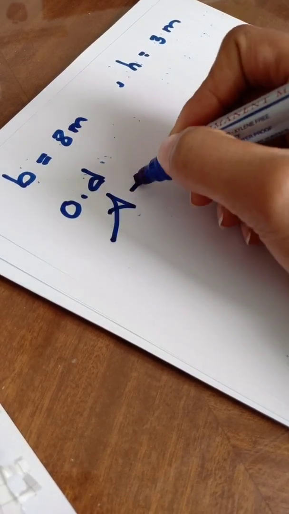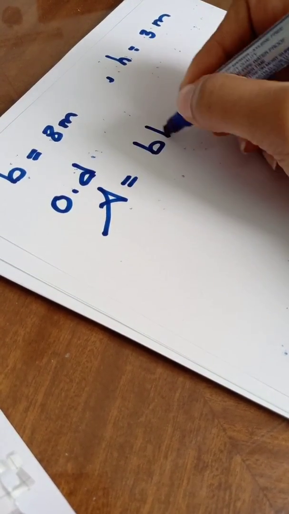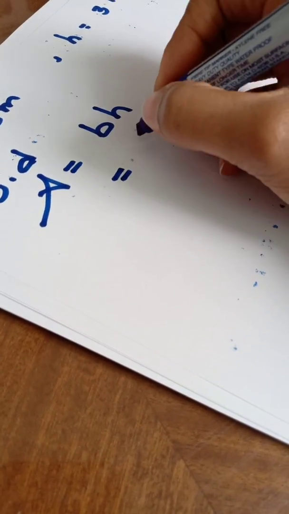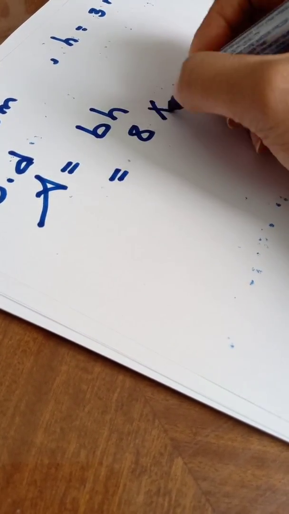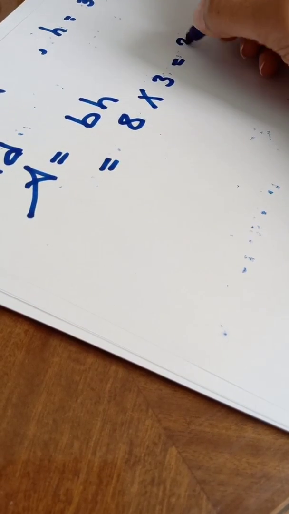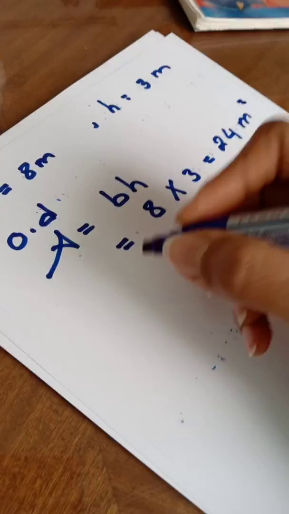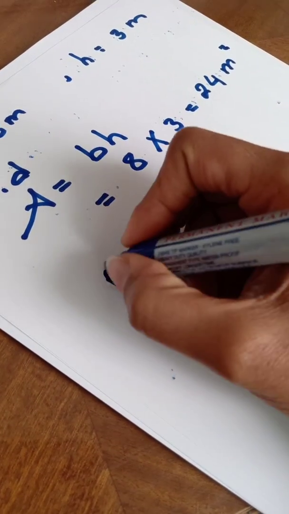The area of the rectangle is base times height, or length times width. So it's 8 times 3 equals 24 square meters. This is the area with the original dimensions. Now let's find the perimeter.